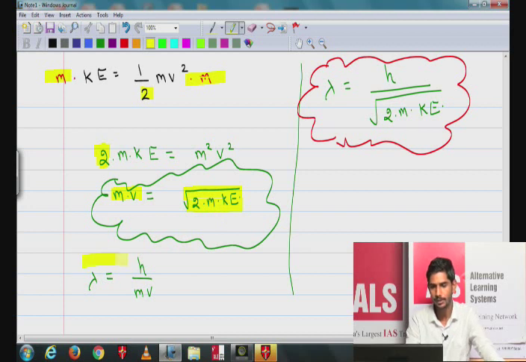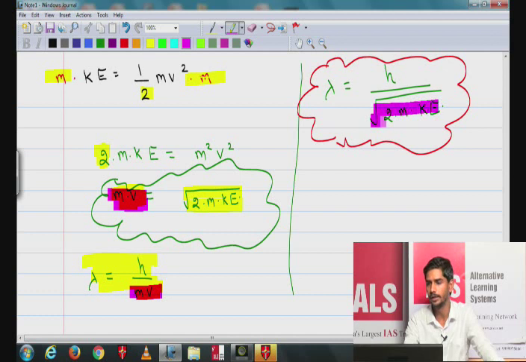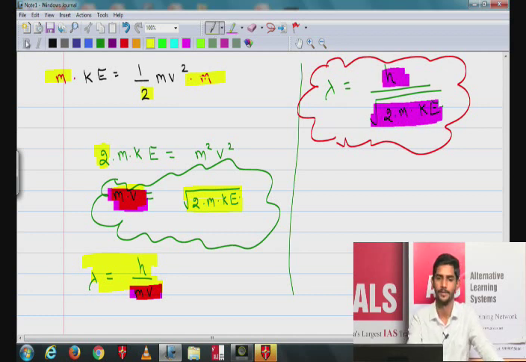We have just learned this relation that lambda is equal to h upon mv. So I have just put this value of mv here. After putting this value, I'll get this new relationship. Now Senapati, is it clear to you?